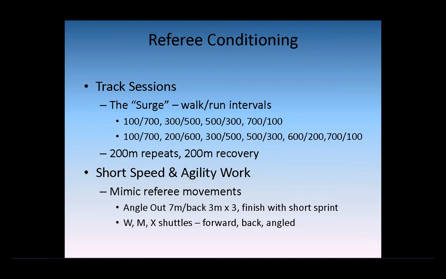And I think another key element is the short speed and agility work. Angle in out sprint movements. So what I mean by that is you may lay out a cone pattern where you run out 7 meters and come back 3 meters, out another 7 meters and back 3 meters.